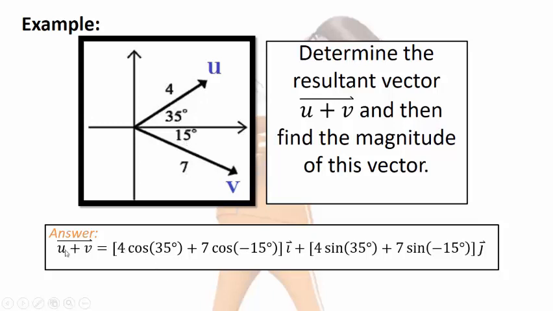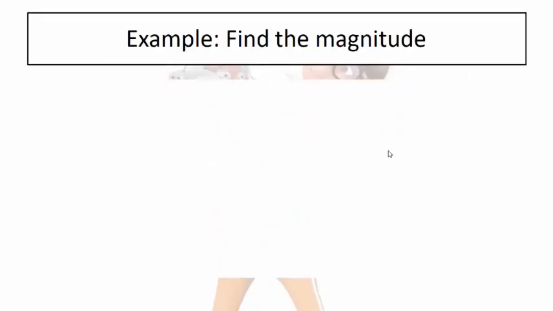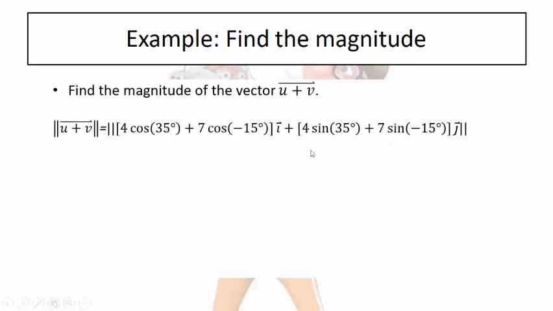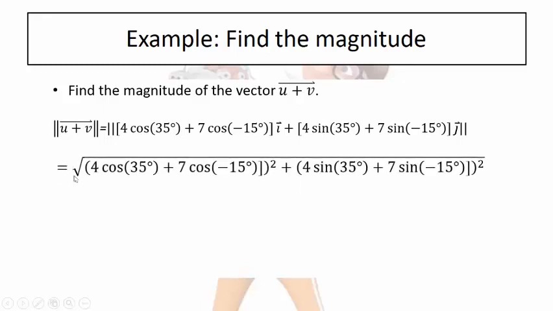You'll notice for the resultant vector, the horizontal component is simply the sum of those two horizontal components, and the vertical component is simply the sum of the two vertical components from earlier. We were asked to find the magnitude of this vector. To find the magnitude, we need to take the magnitude of that new vector we found. So that will simply be the square root of the horizontal component squared plus the vertical component squared.